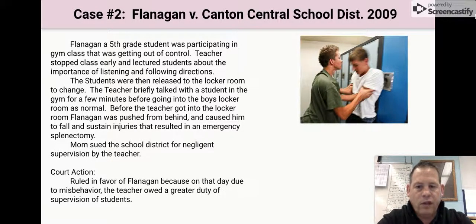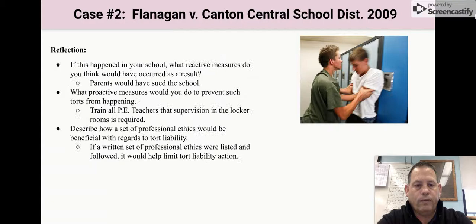There was an accident that occurred. Flanagan was pushed down, and his injuries resulted in an emergency splenectomy. The mom sued the school district for negligence of the supervising teacher, and the court agreed that the teacher was negligent because on that particular day with the rowdy students, the teacher owed the students a greater duty of supervision.